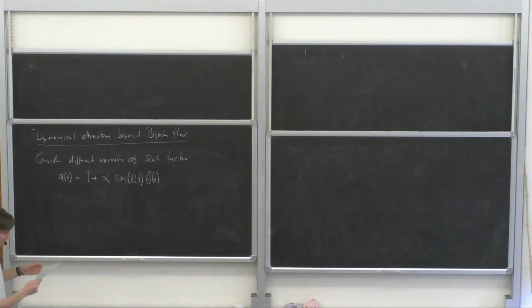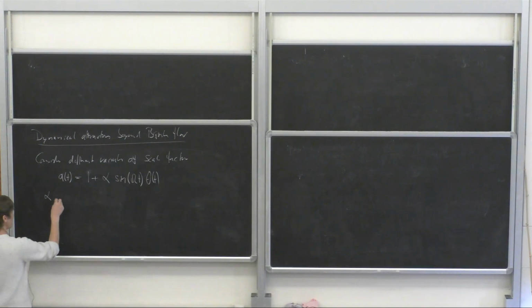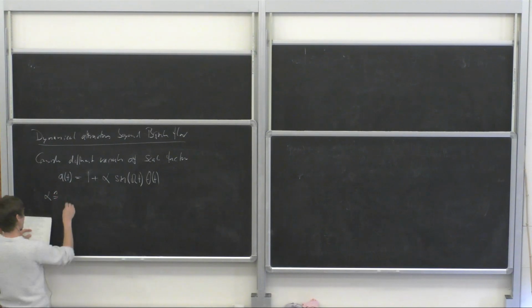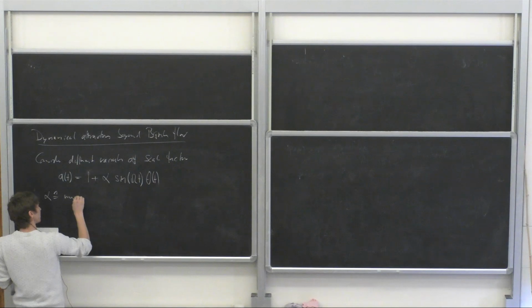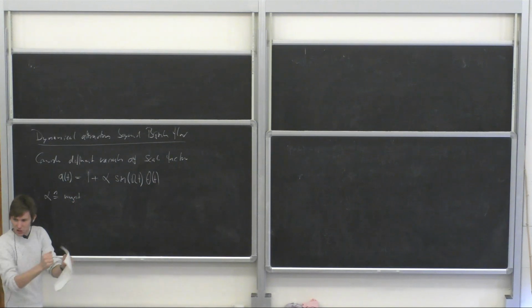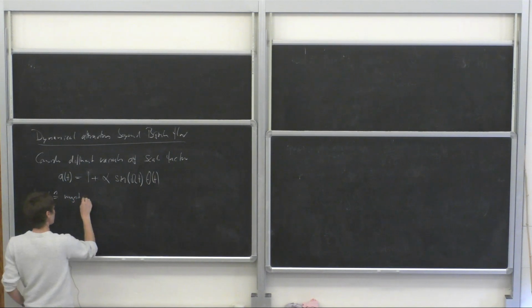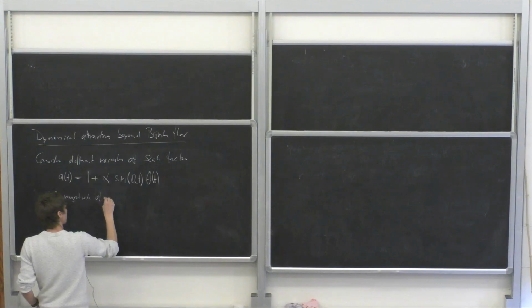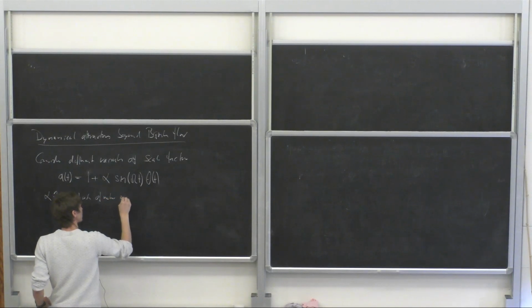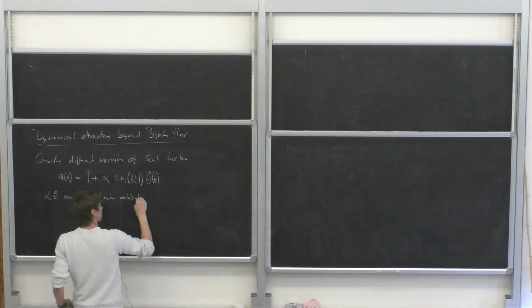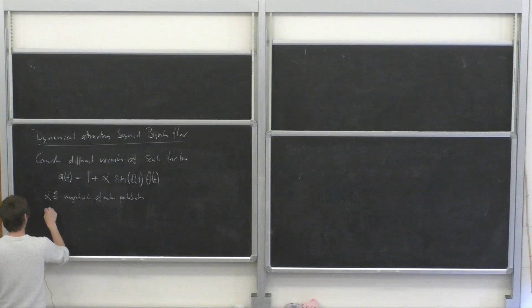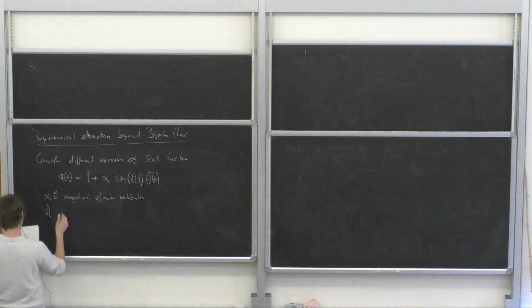So in principle there are two parameters I can control. I have this alpha, which is the magnitude of this metric perturbation, so how much I expand my system. And then I also have my frequency omega.